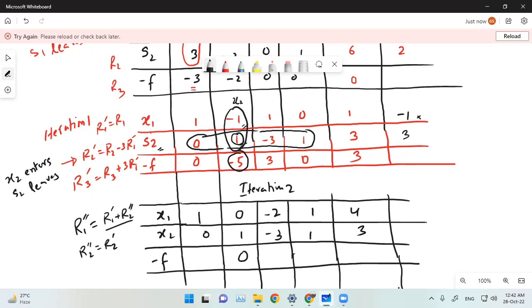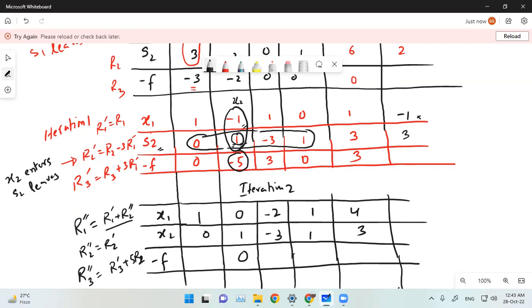Similarly, now for the other one, as you can see, this is 1 and this is -5. So your R3 double prime has to be R3 prime plus 5R2. So now if you apply that 5R2, R3 already is 0.